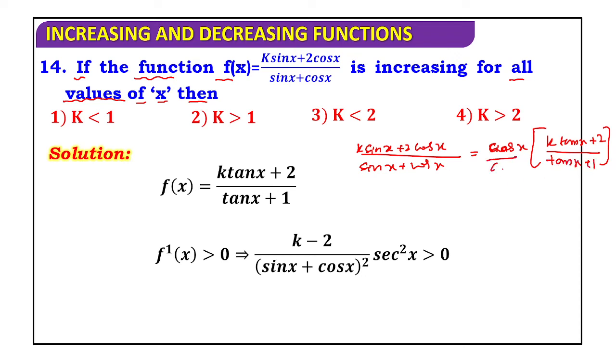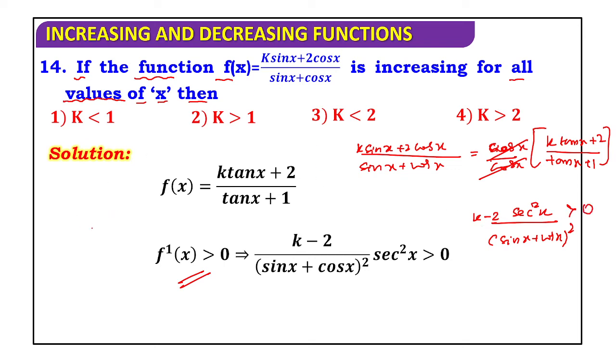So the cos x gets cancelled, and you get (k tan x + 2) divided by (tan x + 1). If I differentiate it, it will be (k minus 2) into secant square x divided by (sin x + cos x) whole square. So f dash of x must be greater than 0.